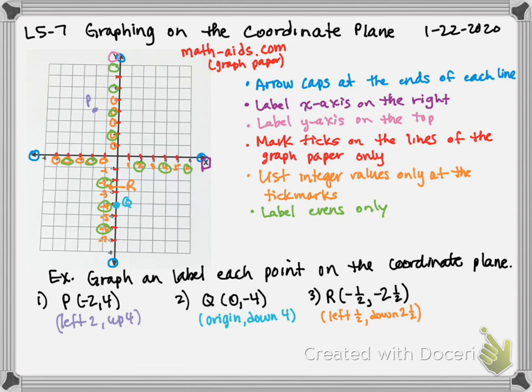Okay. And then last but not least is this guy, point S. And he's (4.5, 1). So I'm going to go right. Oops, sorry, wrong color.